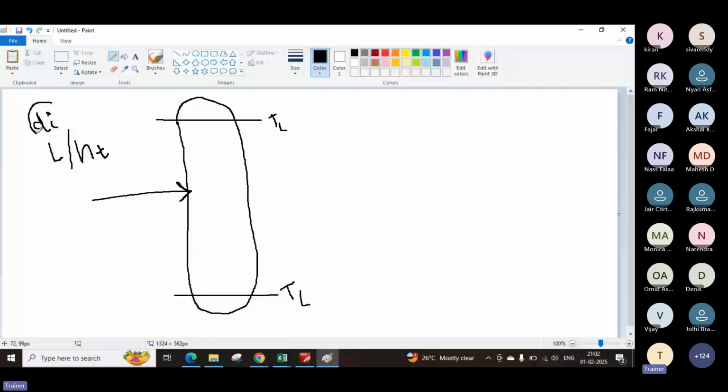You have to estimate the terminal velocity, and then by using the equation Q equals terminal velocity into area, you can estimate the diameter of the vessel. But when we talk about how to estimate the height, every vessel is provided to give a residence time to the liquid, so as to ease the separation or to separate any trapped gas in the liquid.